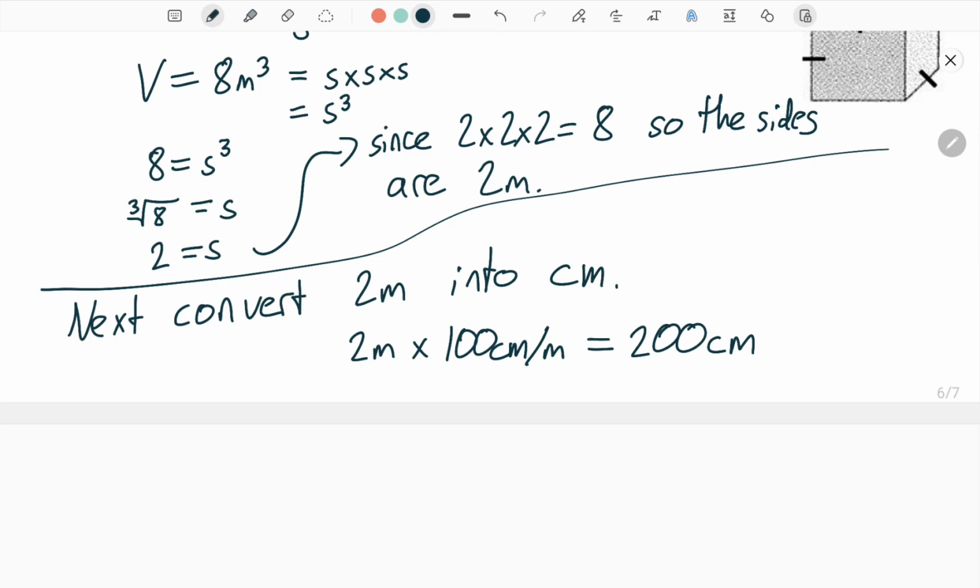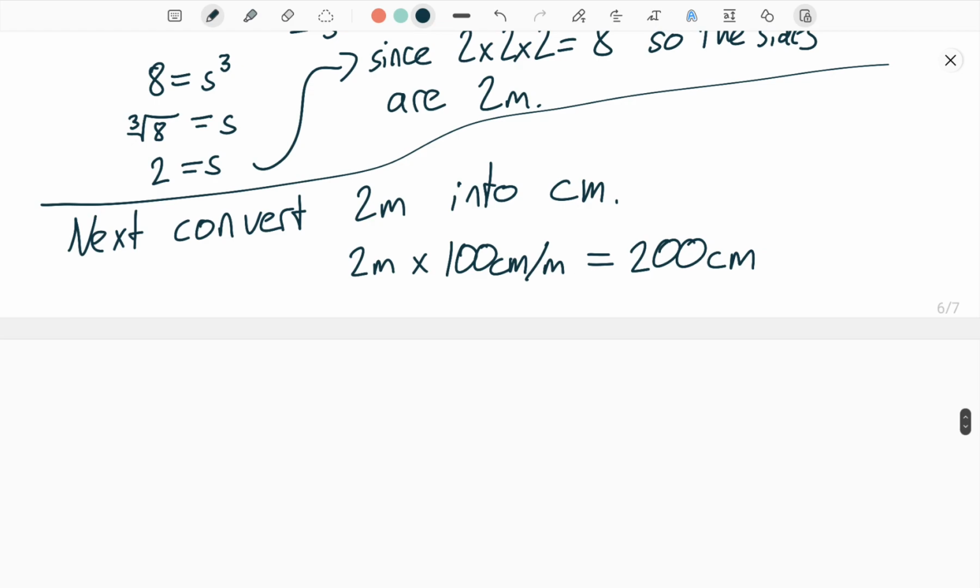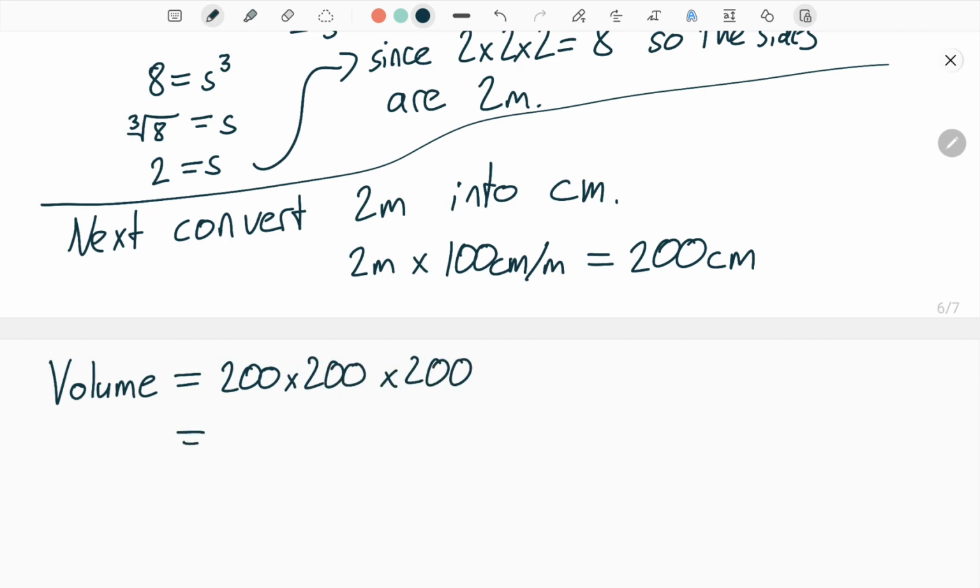Okay, so that would mean all of the sides are 200 centimeters long, and that leads to the new volume, where instead of 2 times 2 times 2, you're going to do 200 times 200 times 200. If you calculate that out, you'll get something like 8 million centimeters cubed.